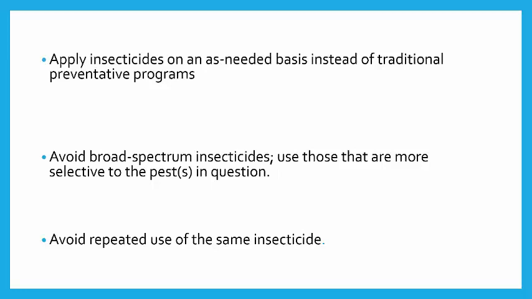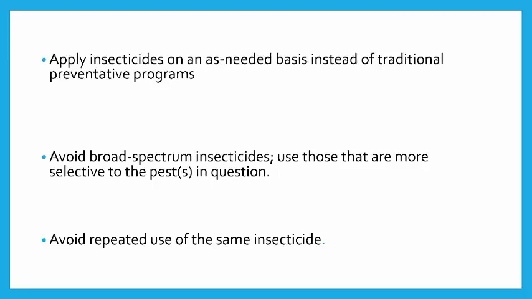Make sure to follow the manufacturer's labeled recommendation for dose and application. Avoid broad-spectrum insecticides. Use those that are more selective to the pest in question. Monitor insect populations in the field. Employ the use of economic thresholds for insecticide treatments.